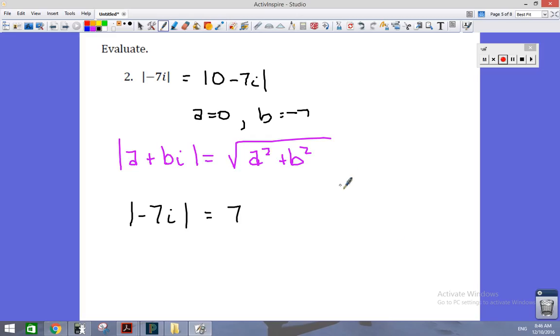And if you think about that, negative 7i is just down 7 units. So the distance between this point at (0, negative 7) and (0, 0) is 7 units. If you picture what the graph looks like, you don't even really need the formula for that one, right?